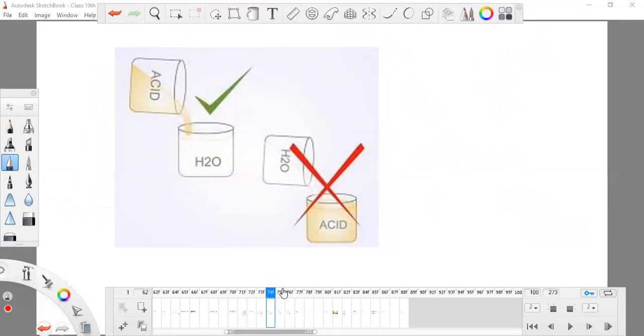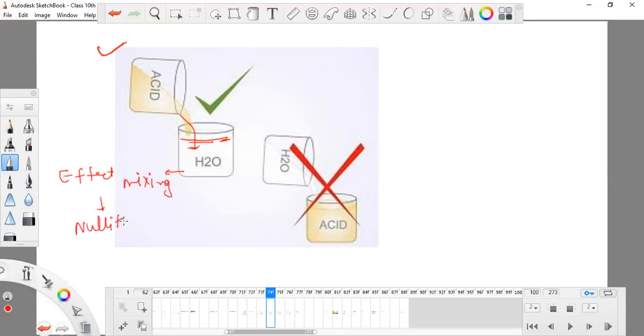So always remember that this method is always good. We have to pour acid into water. We have to fill this beaker. Don't take a very tiny or very little amount of water. Just fill this beaker, so that the effect of mixing will nullify.